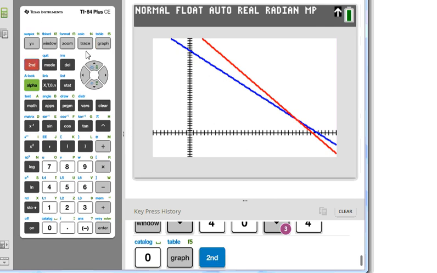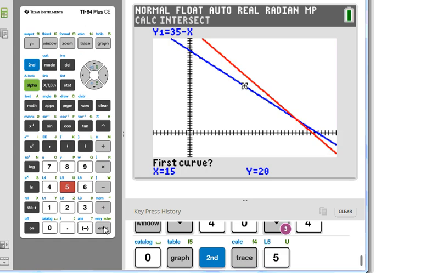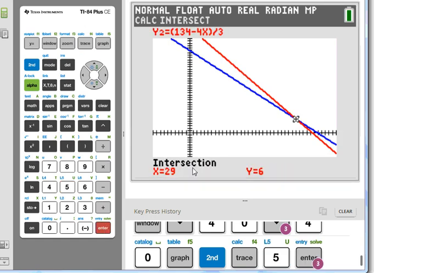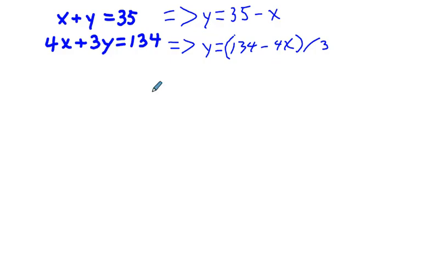And then you go to second, trace, 5, enter, enter, enter. And then you have x equals 29, y equals 6.